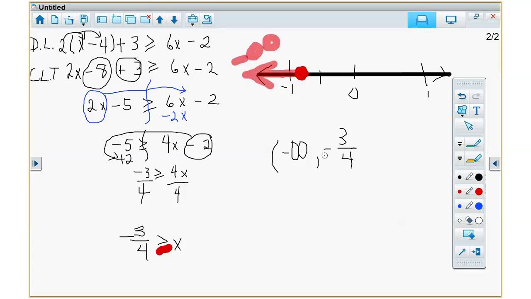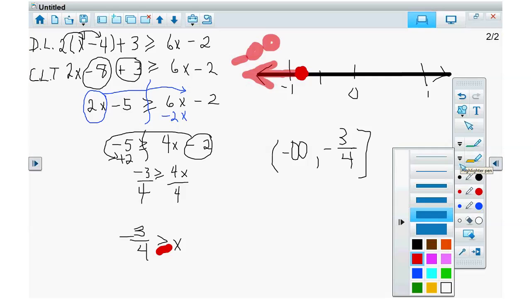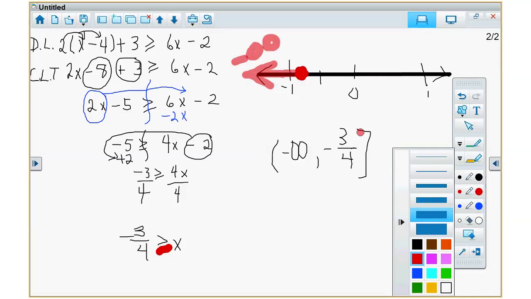What goes on negative 3/4? I put a parenthesis on infinity. What? A bracket. Good. And why a bracket? Because it's inclusive.